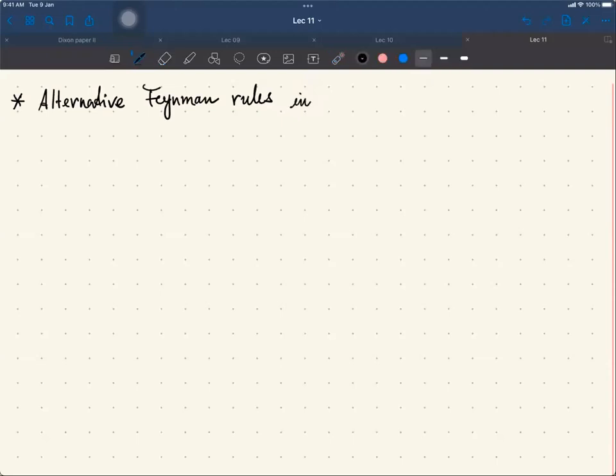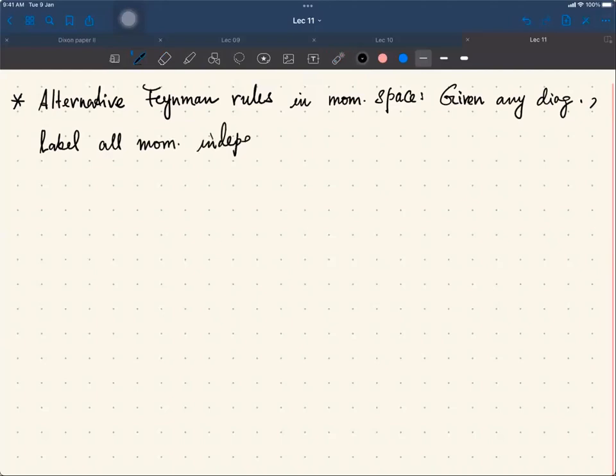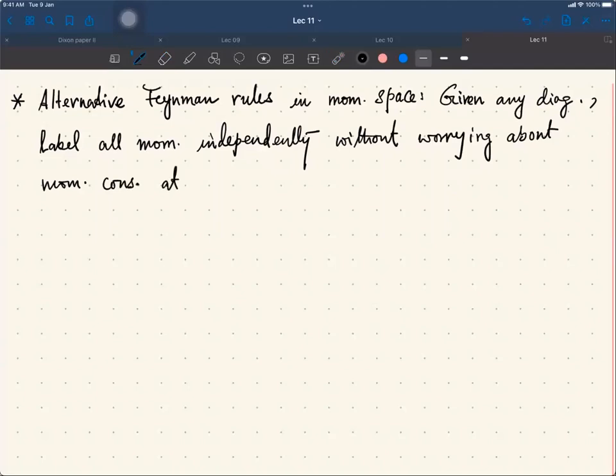In momentum space, given any diagram, label all momenta independently without worrying about momentum conservation at vertices.